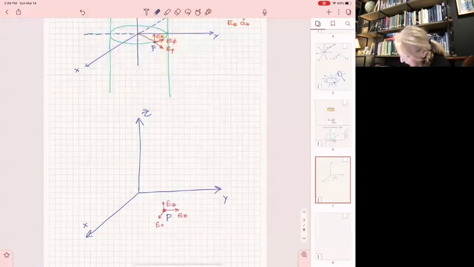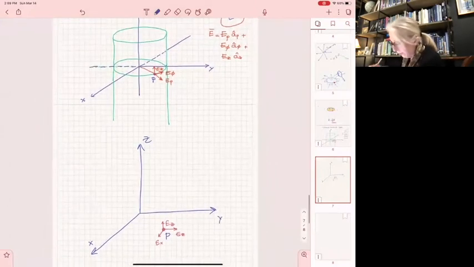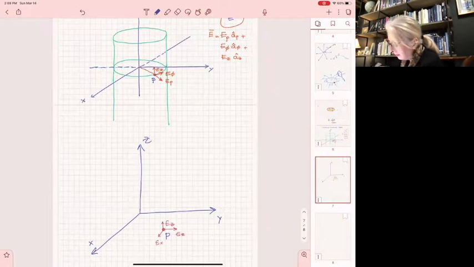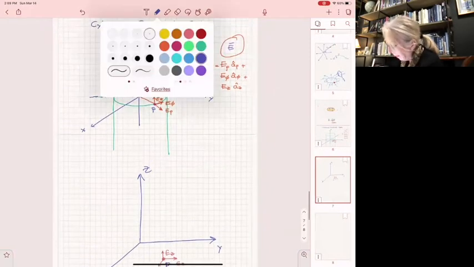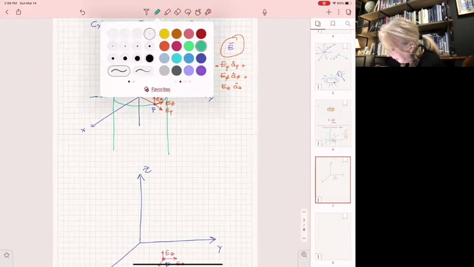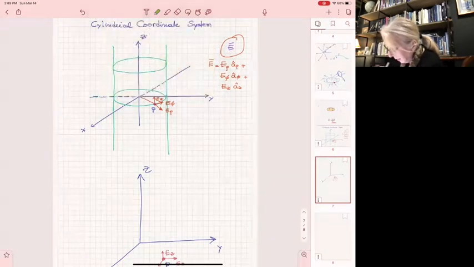Now let's assume that in both cases I find another point. I find a point A. And let's assume that my point A is up here. It's a different circle, all right? Okay, if my point A is, let me see, A, then I would have to find E at the A position.